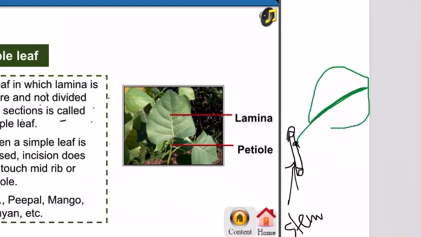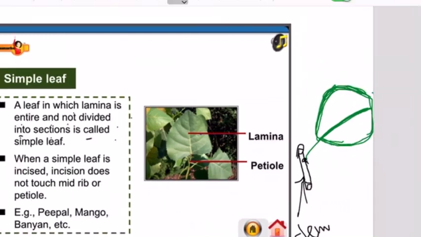You have seen certain leaves look like this, where the blade of the leaf, the lamina, is not divided. It's one single line like this. There are certain leaves whose sides are divided like this.